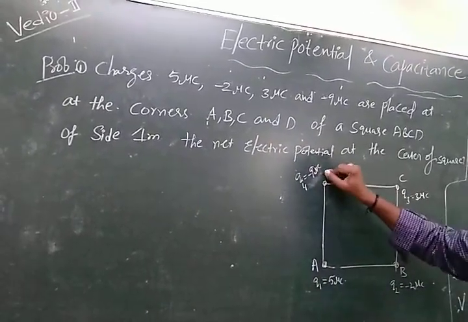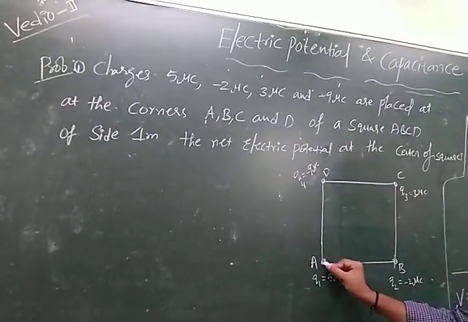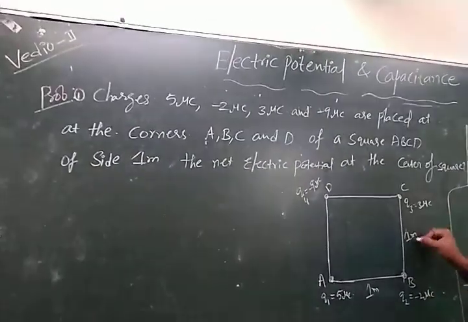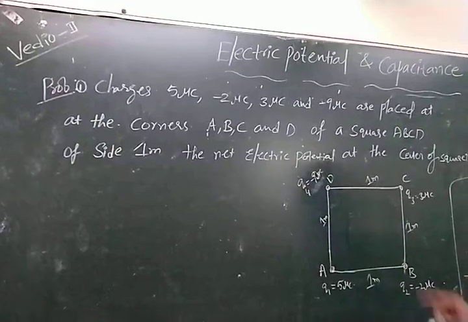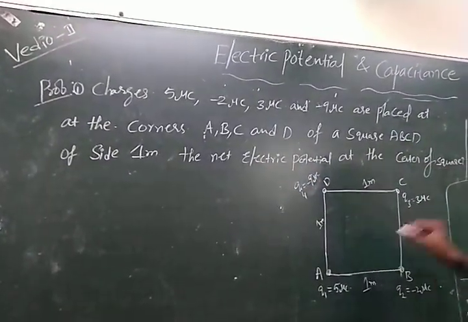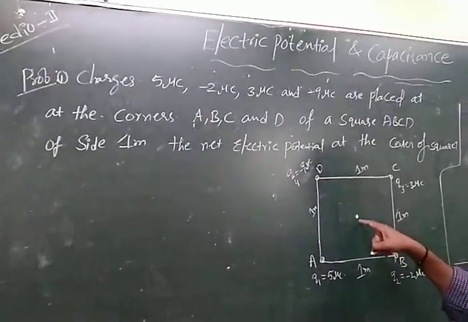So these 4 charges are kept at the 4 corners of this square. The side is 1 meter, 1 meter, 1 meter, 1 meter. Then calculate the net potential at the center of the square. This is the square center.